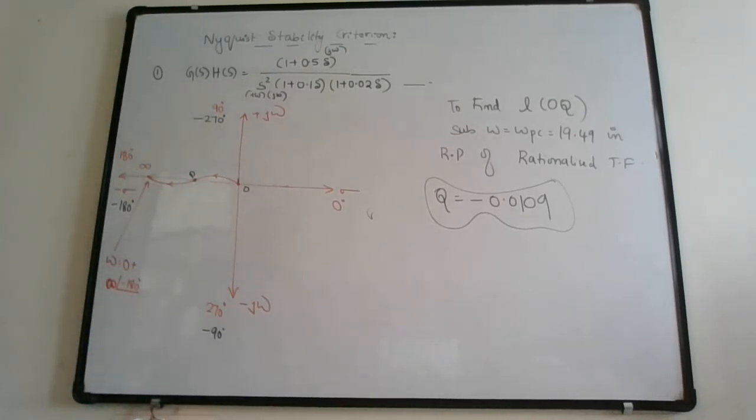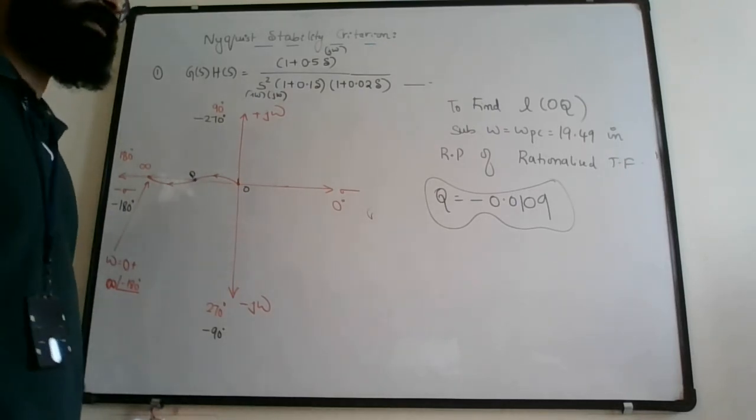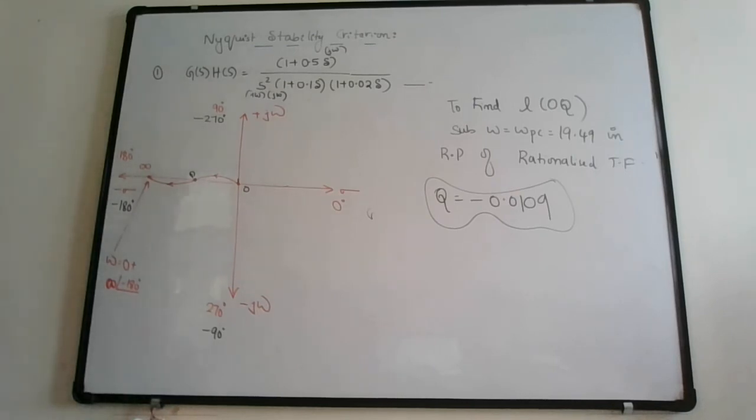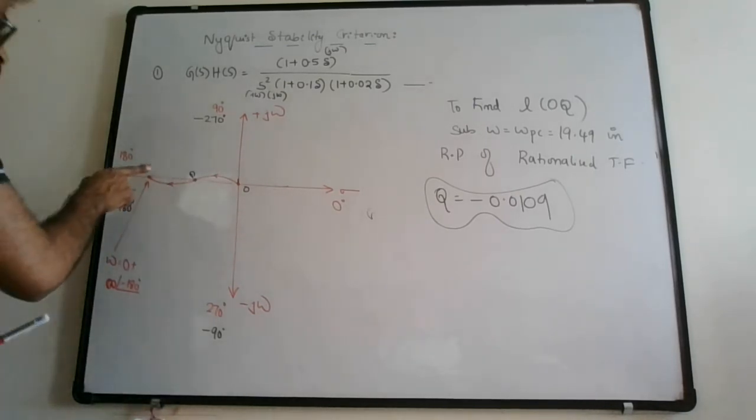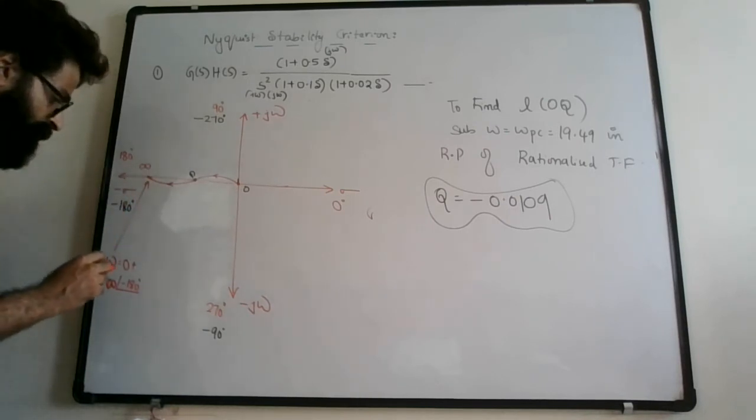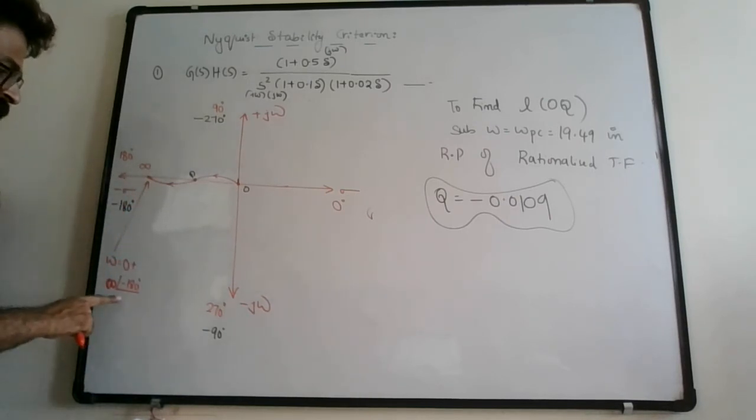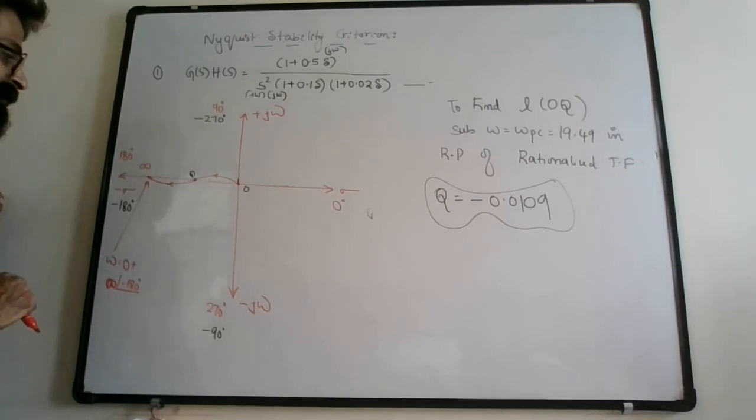Next, let's come to section 2. In section 2, the starting point is omega is equal to 0, and the terminating point is omega is equal to 0 minus. So at omega is equal to 0, the magnitude is infinity and phase angle is minus 180 degree.